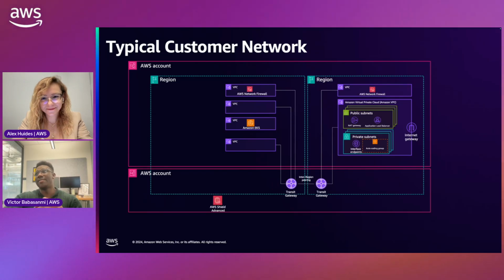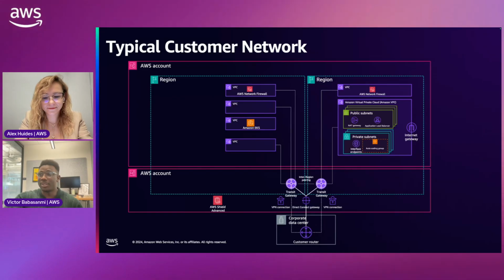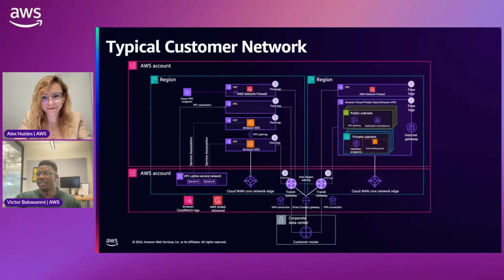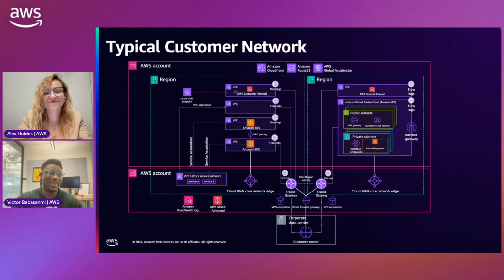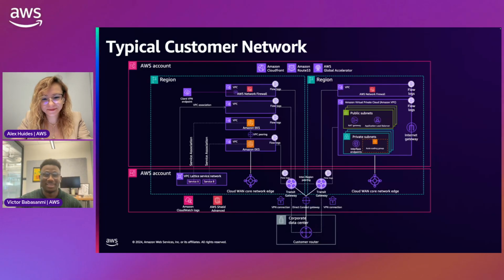They have services like network firewall, Shield. They have Direct Connects to the data centers, VPN endpoints, CloudWatch, Lattice, CloudFront, Route 53, so many components that emit all this telemetry data. So having dashboards that give you visibility can help a lot to make things simpler.